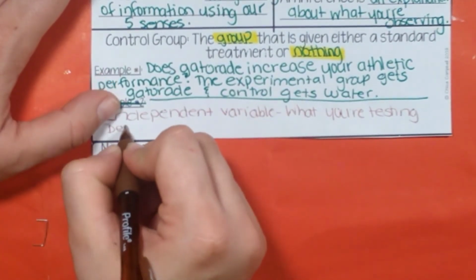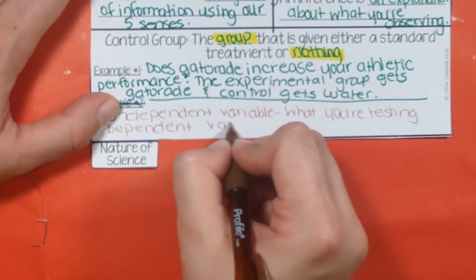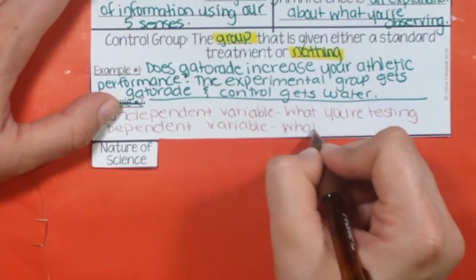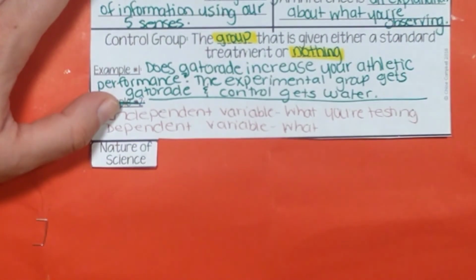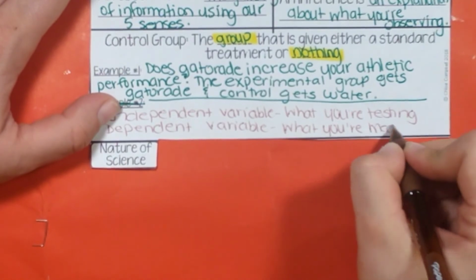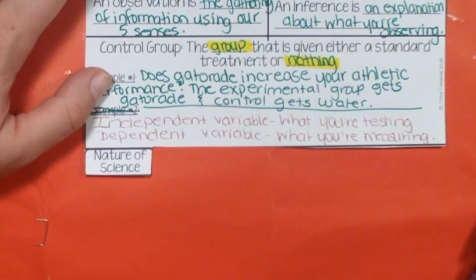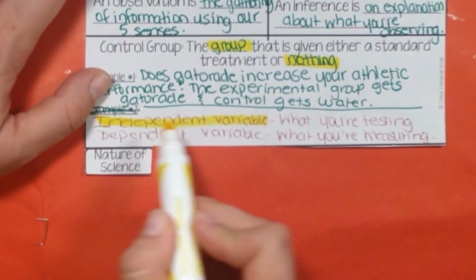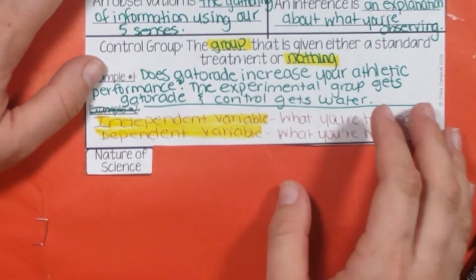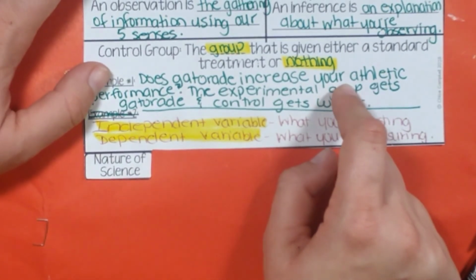Your dependent variable is what you are measuring. So in our example above, my independent variable, what I'm testing, is Gatorade. So the amount of Gatorade or the kind of Gatorade, I'm not sure exactly what we're testing here, but the Gatorade would be your independent variable.